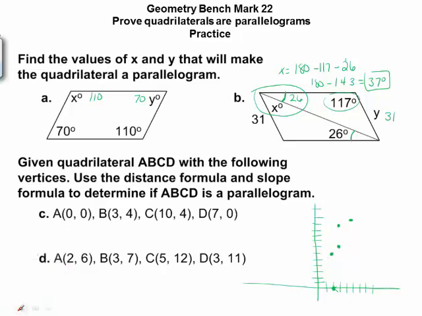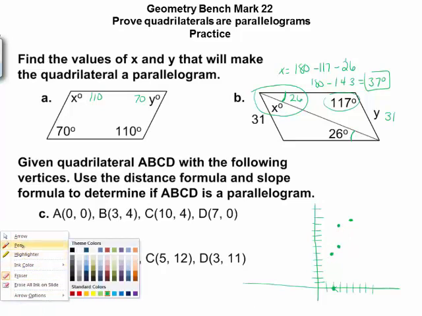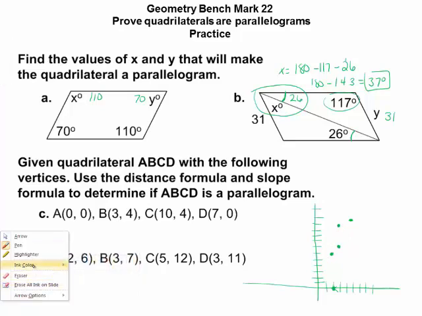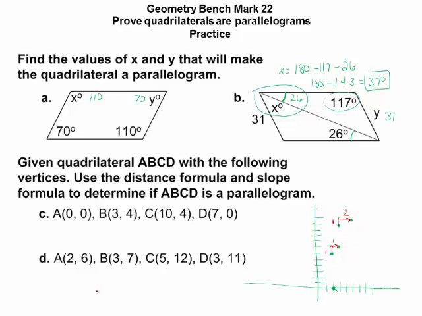Okay, but I'm going to go through it and double check and just show. So see, we go up 1 over 1, and here I'm going up 1 over 2. Because I went 1, 1 and 1, 2, not a parallelogram.